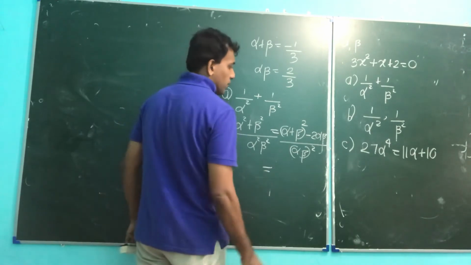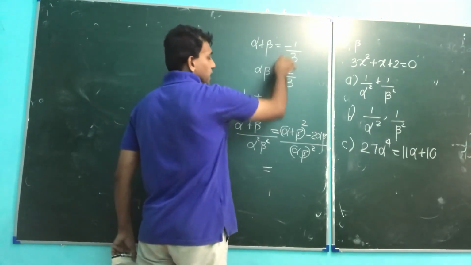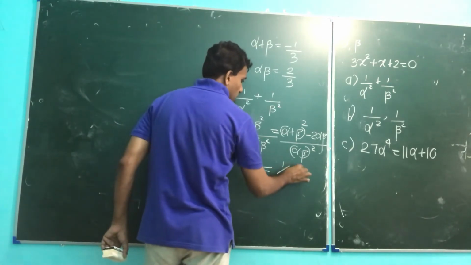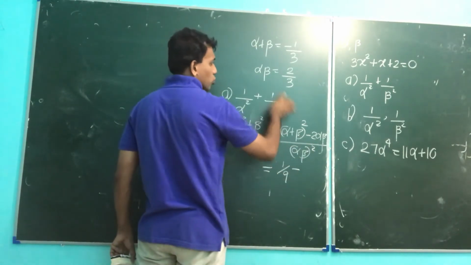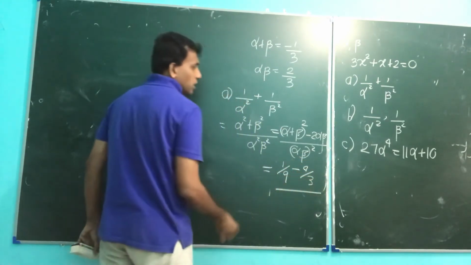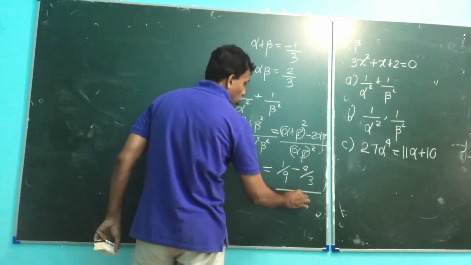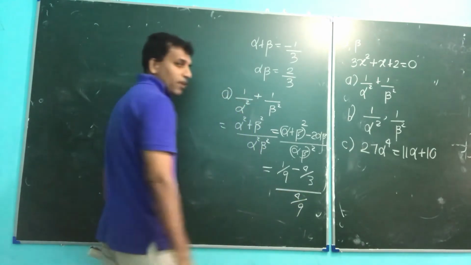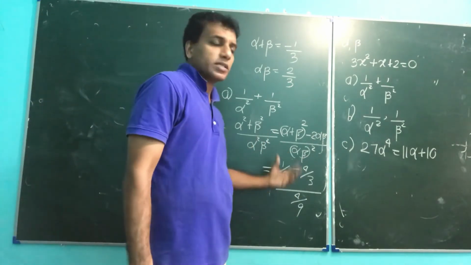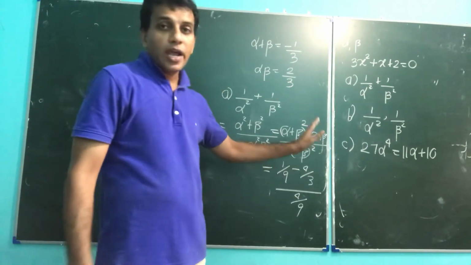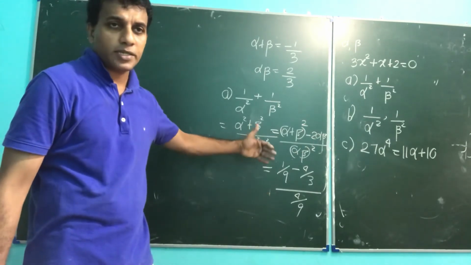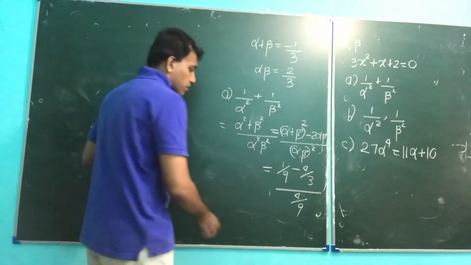What is alpha plus beta? Minus 1/3, so squared it is 1 over 9. What is 2 alpha beta? 2 times means 4 over 3. Over alpha beta squared, 4 over 9. Solve the fraction, but you can simplify this. Multiply by 9, the LCM, up and down, numerator and denominator.